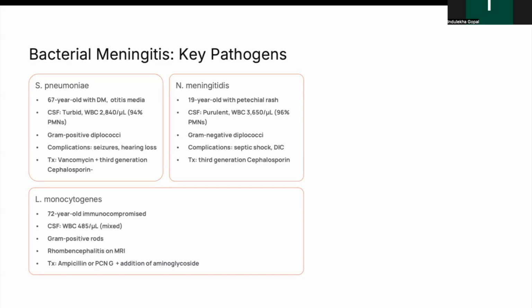Listeria, the sample case is a 72-year-old immunocompromised patient, CSF WBC is actually less, as you can see, 485. Gram-positive rods. Rhombencephalitis on MRI can be seen. Treatment is ampicillin or penicillin plus addition of aminoglycosides.